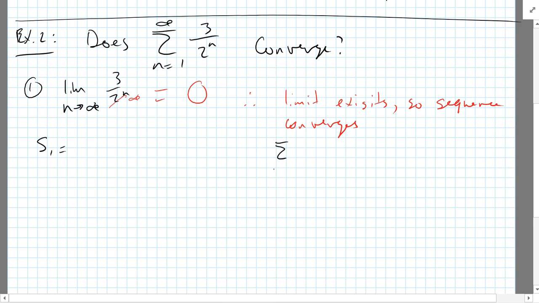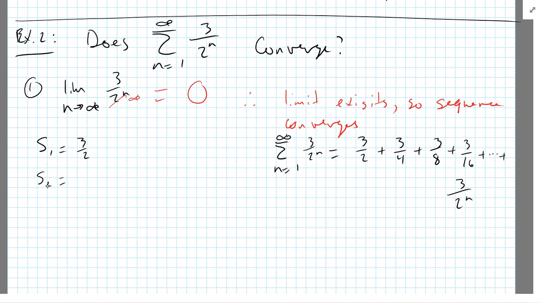The summation of n equals 1 to infinity of 3 over 2 to the n is going to equal 3 over 2 plus 3 over 2 squared, which is 4, plus 3 over 2 cubed, which is 8, plus 3 over 2 to the 4th, which is 16, plus dot, dot, dot, all the way to 3 over 2 to the n. So my first partial sum is going to be 3/2. My second partial sum is going to be 3/2 plus 3/4.